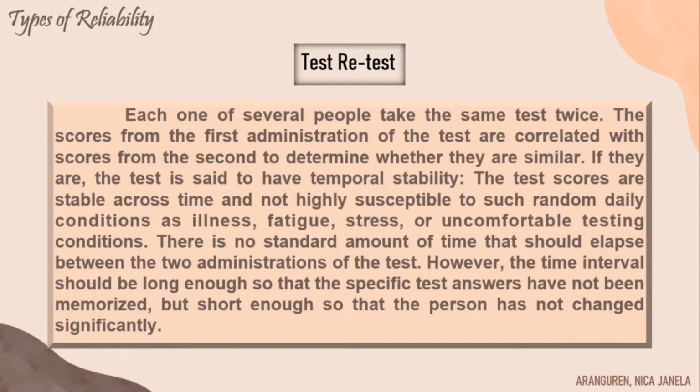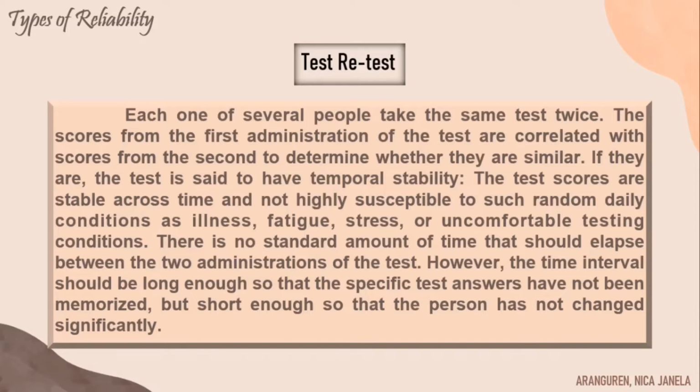There is no standard amount of time that should elapse between the 2 administrations of the test. However, the time interval should be long enough so the specific test answers have not been memorized, but short enough so that the person has not changed significantly.